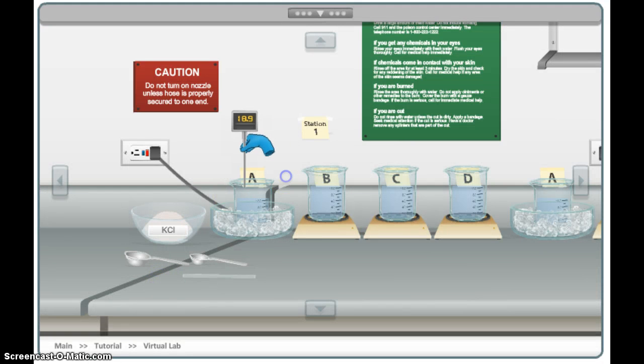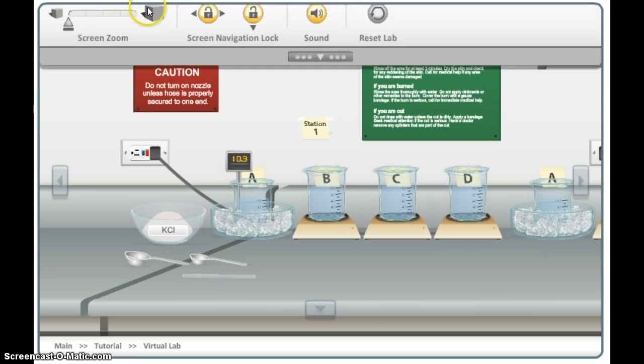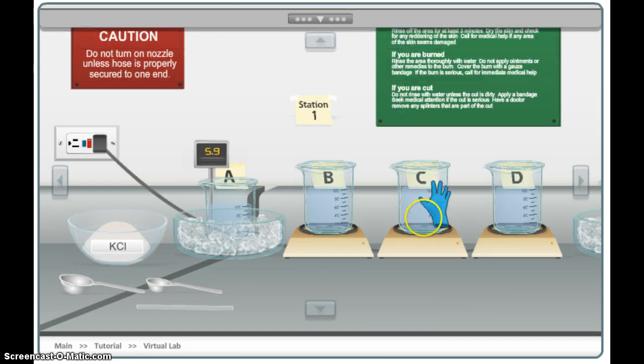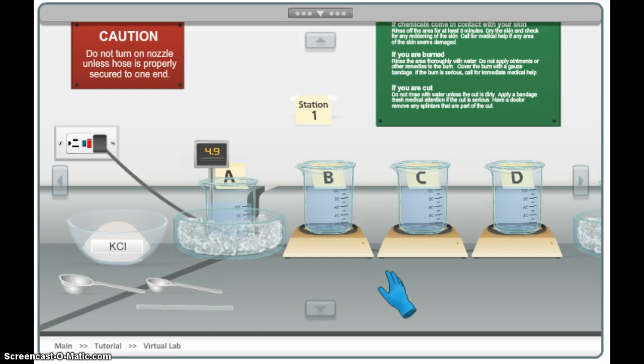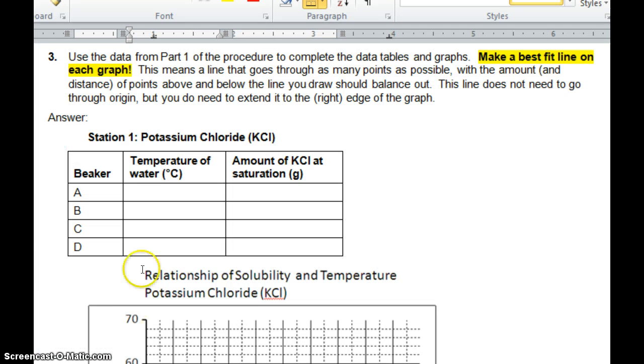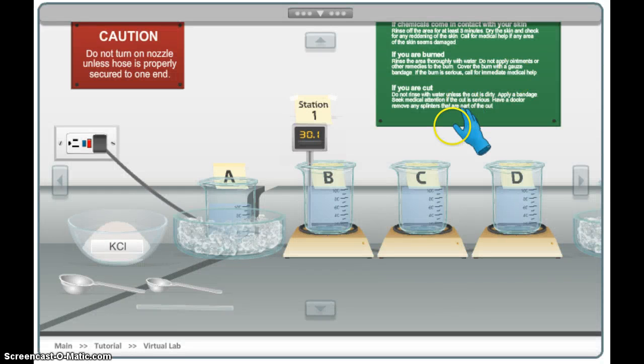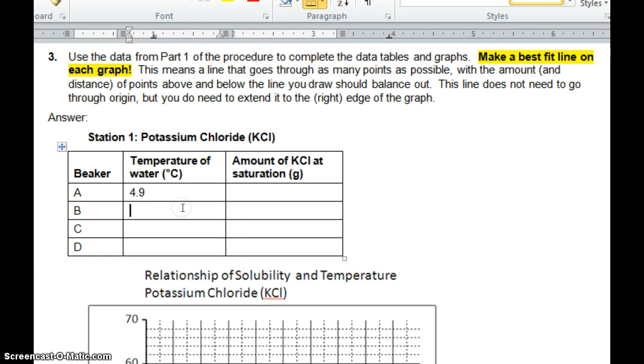Let's get some data. So what is the temperature of beaker A? It would be 4.9. So we'll write that down. 4.9 degrees Celsius. What about beaker B? The temperature of beaker B is 30.1 degrees Celsius.